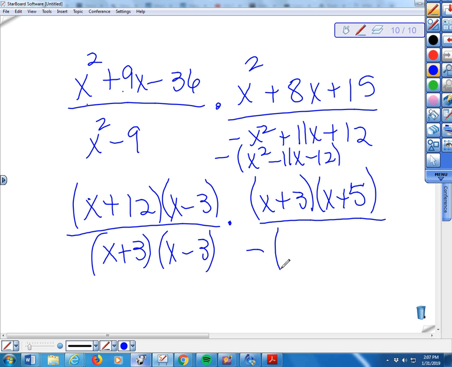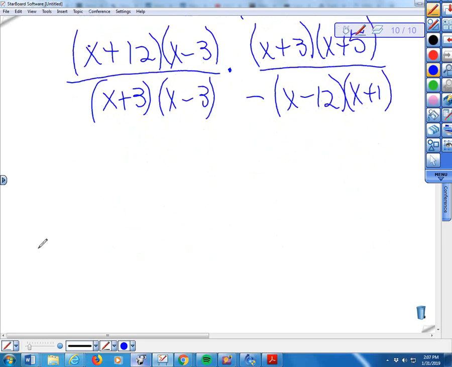Because when we factor, we always want to make sure that the first term is positive. So negative 12 and then plus 1. Okay, so now we've got this where we can start crossing out things.